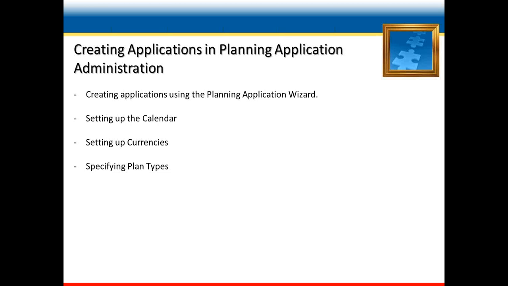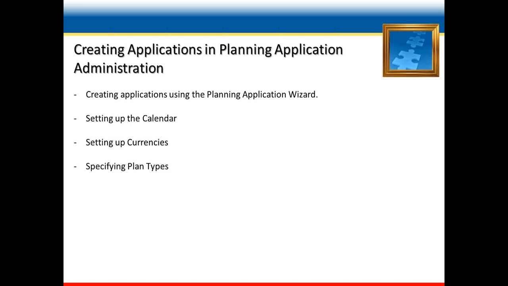Period will generally be in terms of months, quarters, or even weeks. Secondly, the year dimension is generally a fiscal year. That needs to be set before we create a planning application.